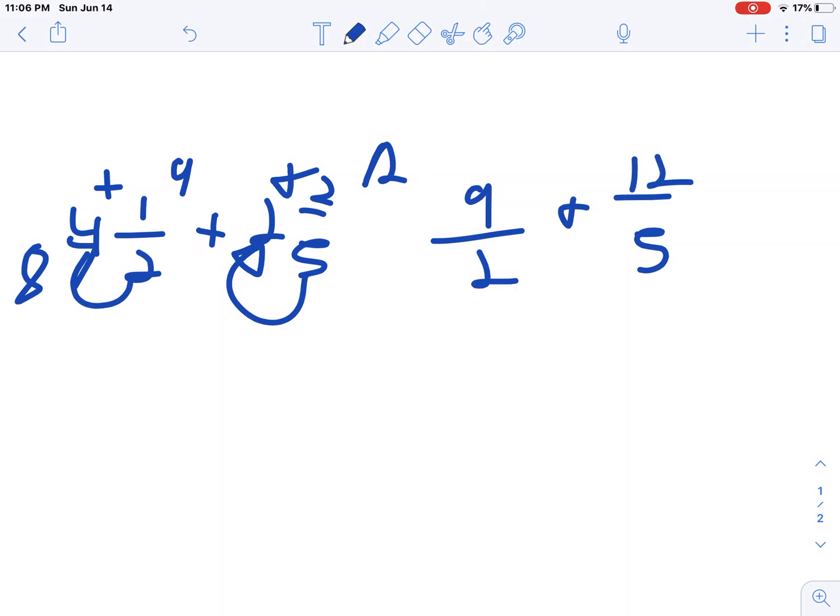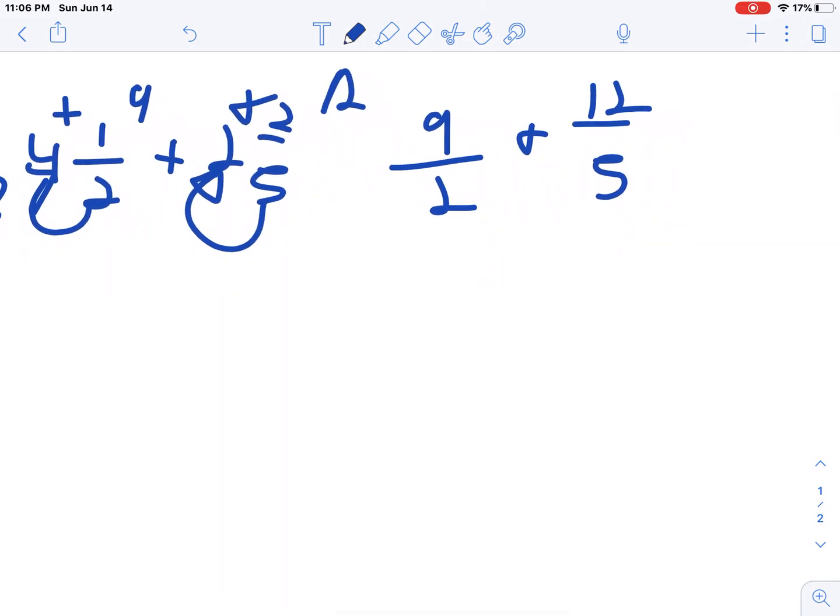And then you have to find the common denominator. So for the common denominator, you take 2 just to start, and then 5. Then I start listing out the multiples.